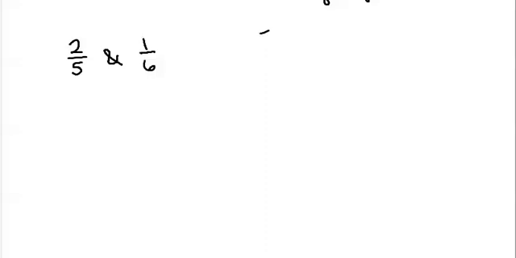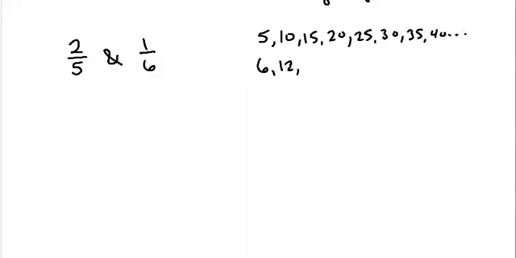So what are the multiples of 5? 5, 10, 15, 20, 25, 30, 35, 40, and so on. And then 6, 12, 18, 24, 30, 36, and so on.